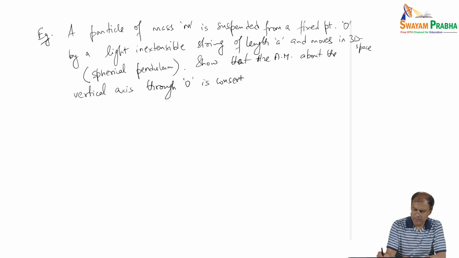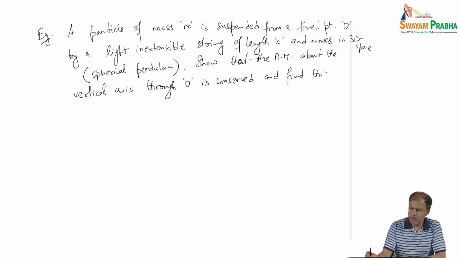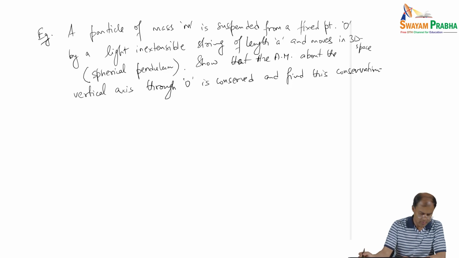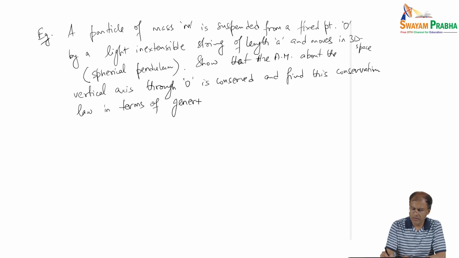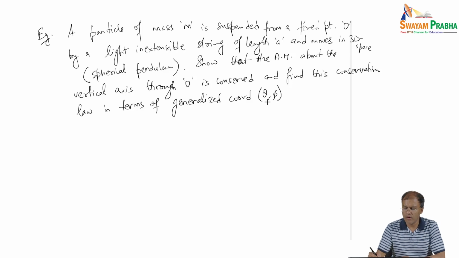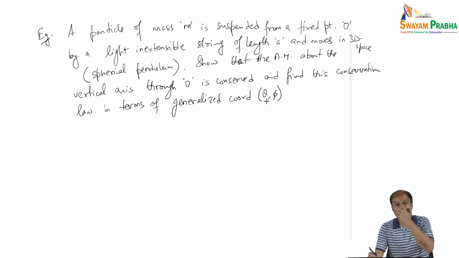Okay, and we find this conservation law in terms of generalized coordinates theta and phi. So theta and phi refer to the regular degrees of freedom in a sphere.